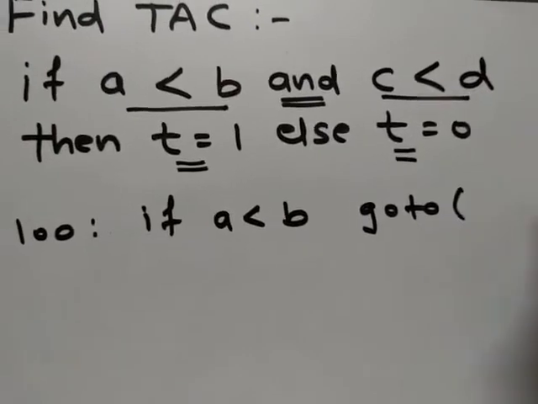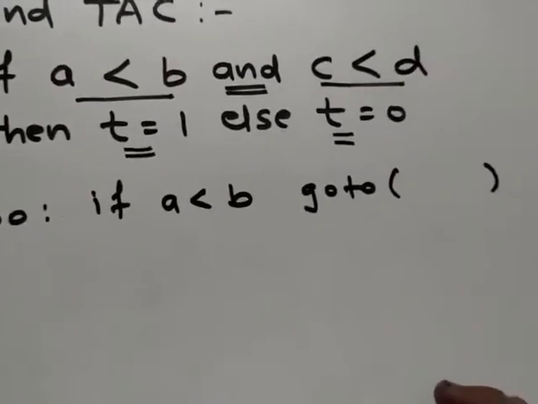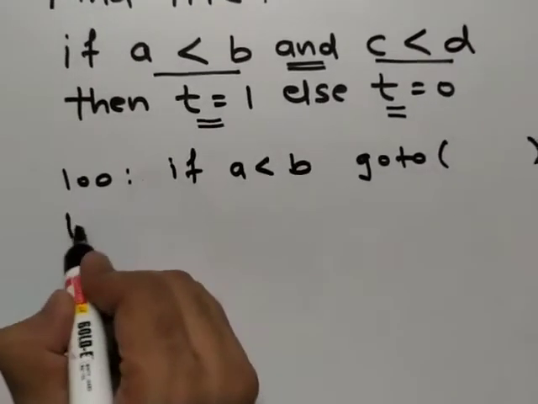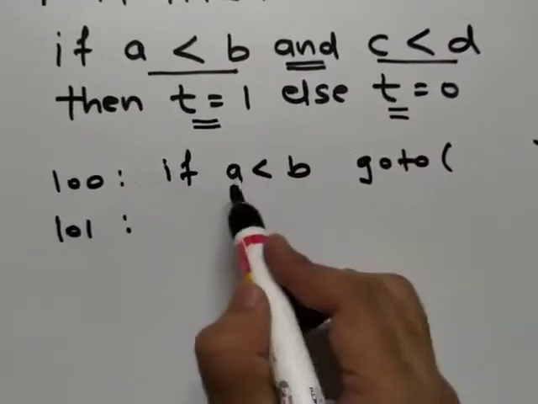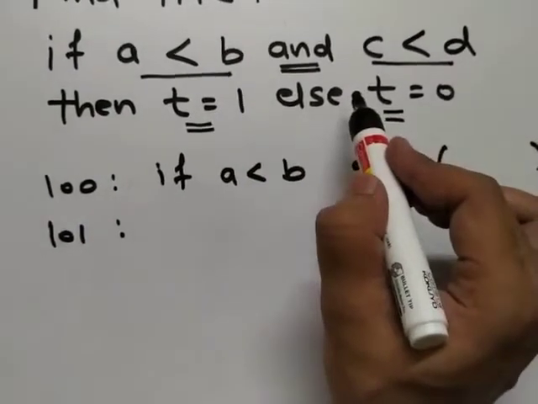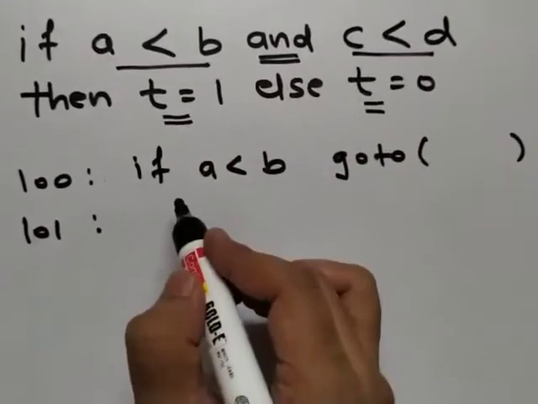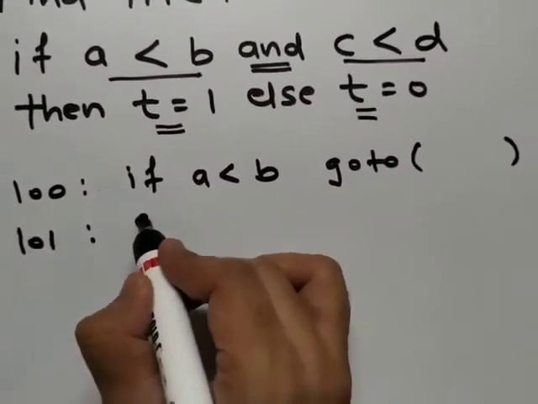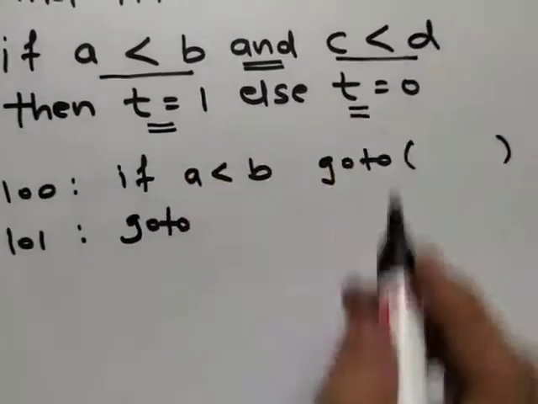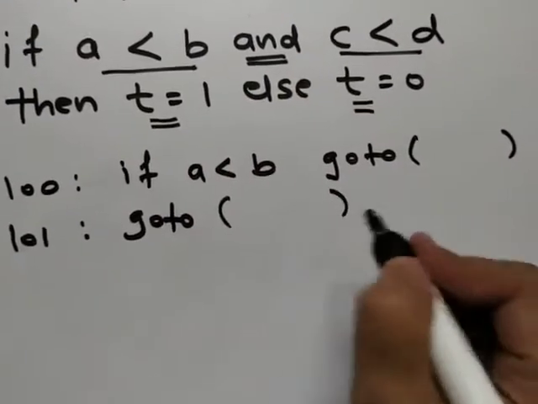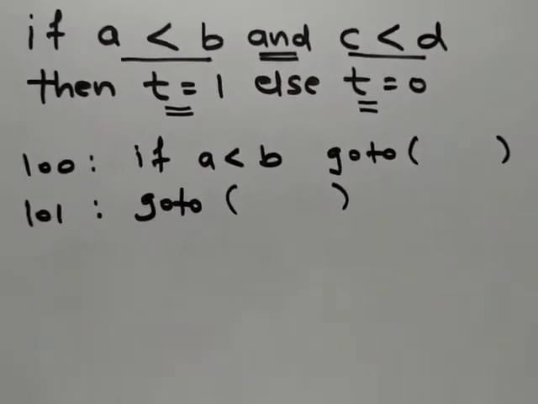So go to some random location will be there. I am keeping that empty. Then 101. If a less than b is true, then I am going here. If a less than b is false, then I am directly going to a certain location where t equal to 0 will be there. So I am just coming out of the entire block.